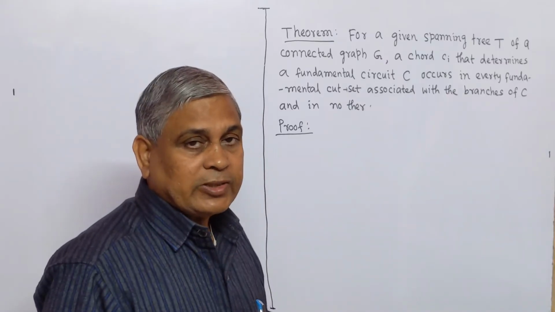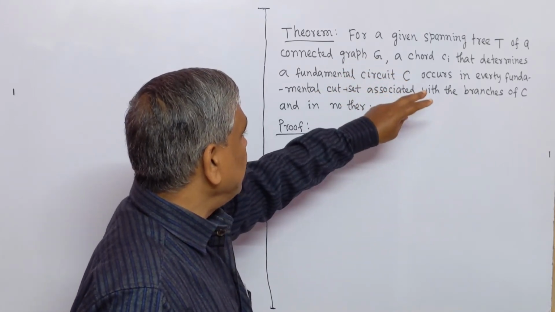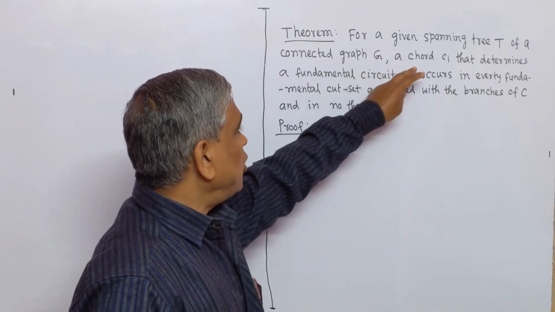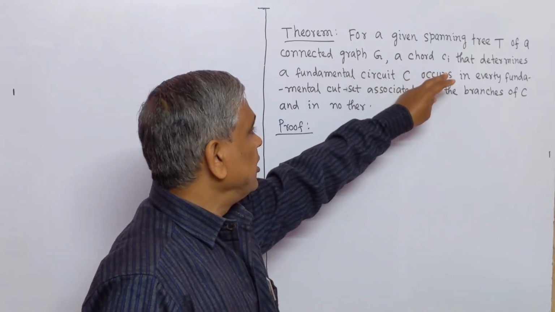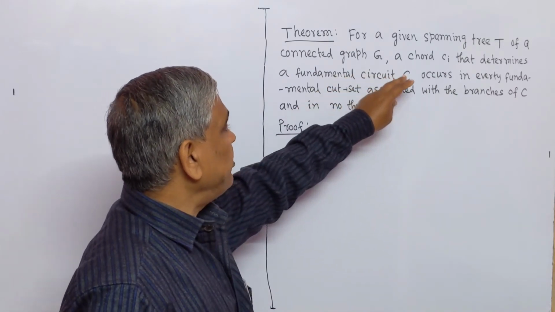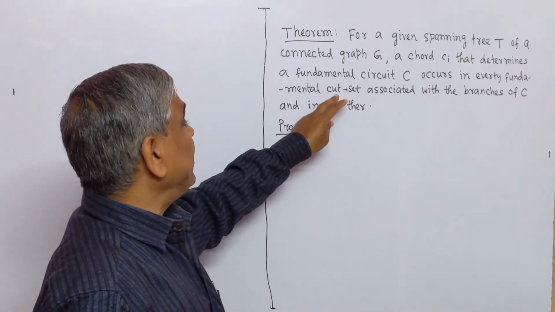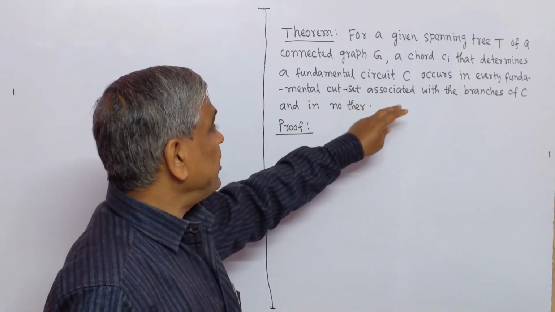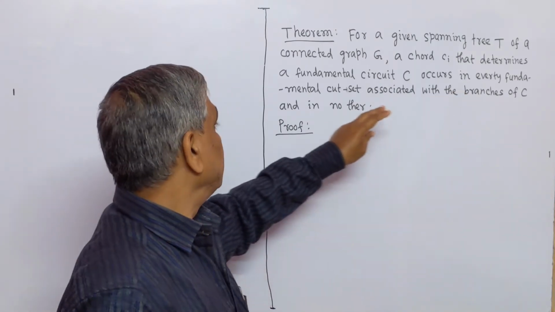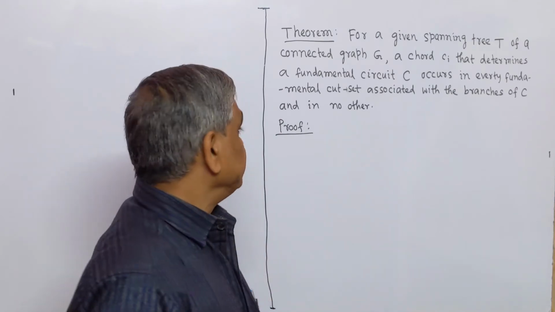Now we prove a theorem. The theorem is: for a given spanning tree T of a connected graph G, a chord small ci that determines a fundamental circuit capital C occurs in every fundamental cut set associated with the branches of capital C circuit and in no other.